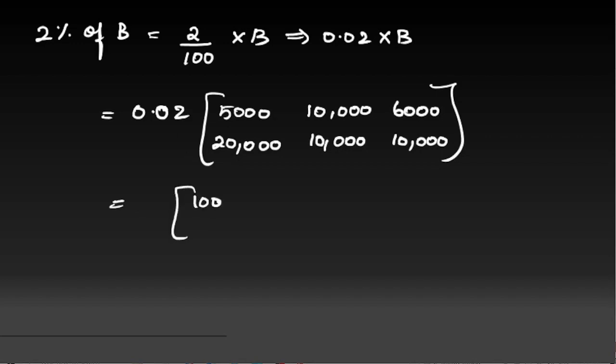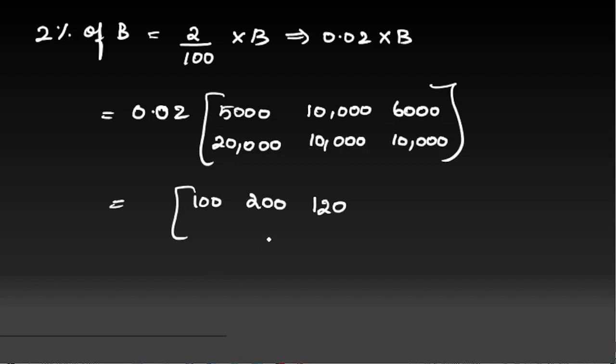Then 2 by 100, two zeros will be cancelled. 100 into 2 is nothing but 200. Right, 200. Next, 2 by 100, two zeros will be cancelled. 60 into 2 is 120. Correct? 120.